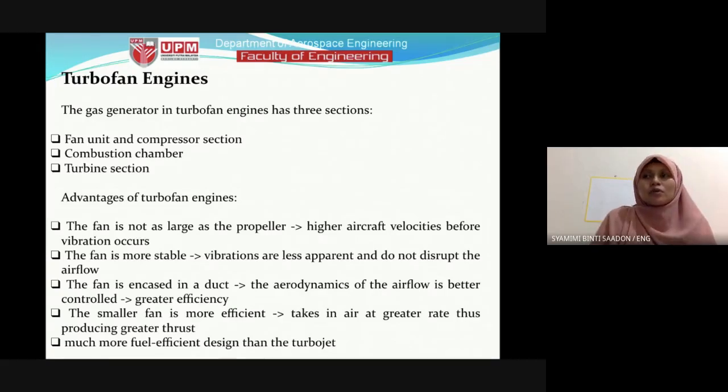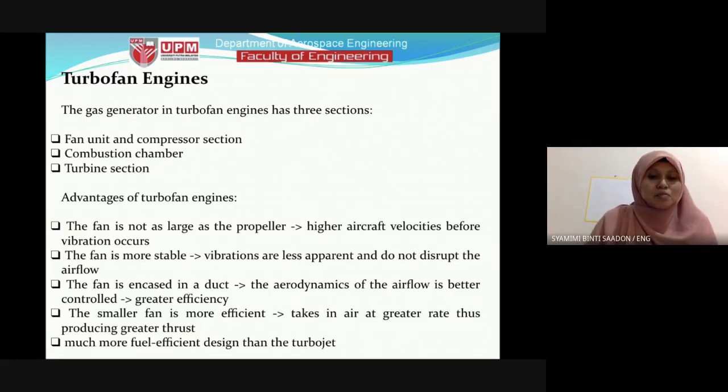So that's why by using a fan instead of the propeller, we are able to have a high velocity of the aircraft before vibrations start to occur.